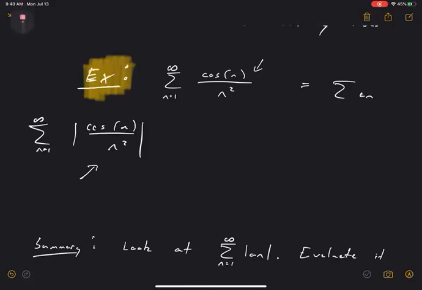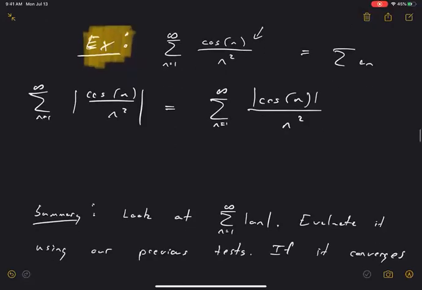I haven't really made anything simpler. But n squared is always positive, so the absolute value bars don't really have an effect on n squared.